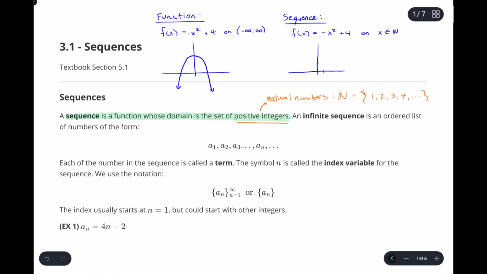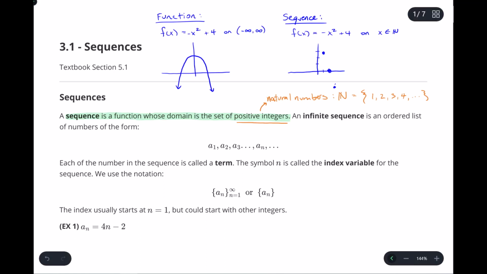And then when x is 2, that would be negative 2 squared plus 4, so that would be at 0. And then the next point on the parabola, and so forth. The scale's a little bit off here. It's going to run into my lower bound pretty quickly. But regardless, I think you can see what's happening.